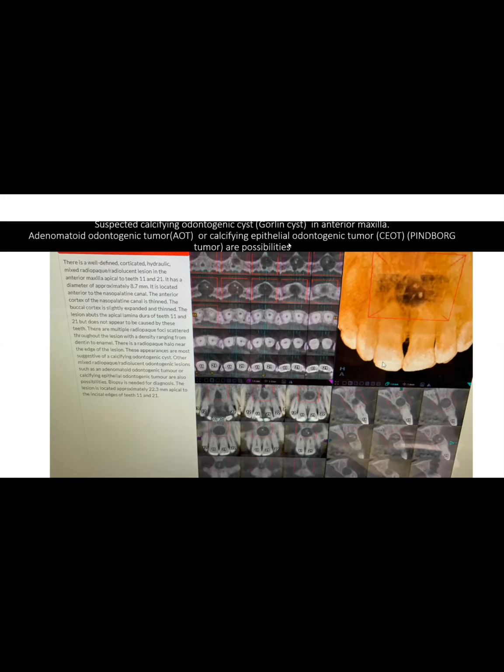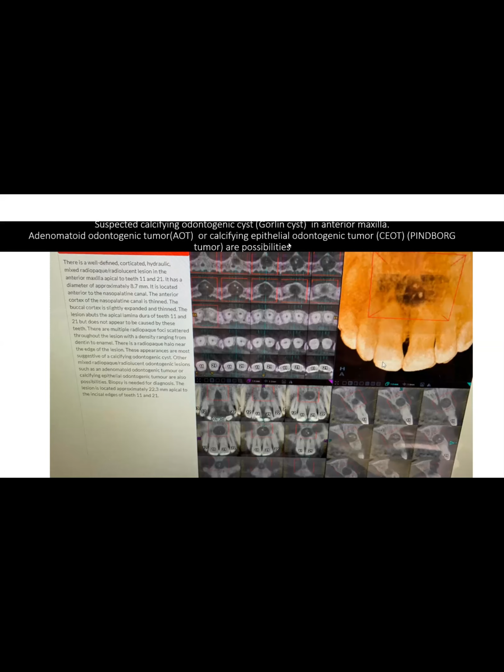I'm not sure. Right. So how do you treat a calcifying epithelial odontogenic tumor? You enucleate it, and is that it? Yeah, enucleation. And what else? Do you remove about 0.5 millimeter around the margins? A safety margin, yeah.